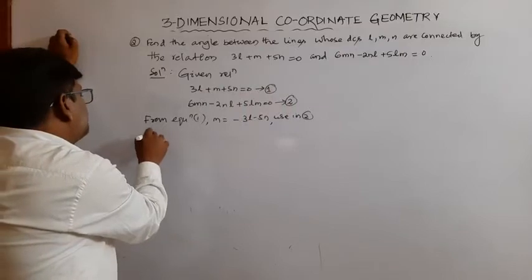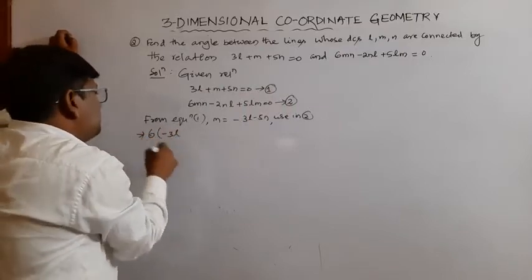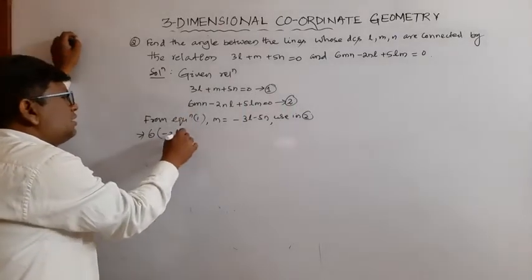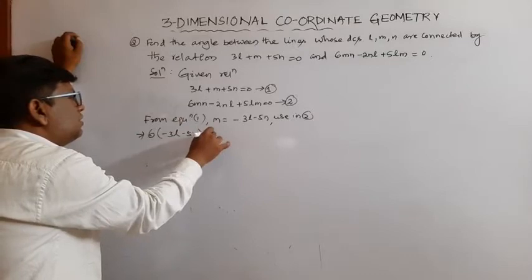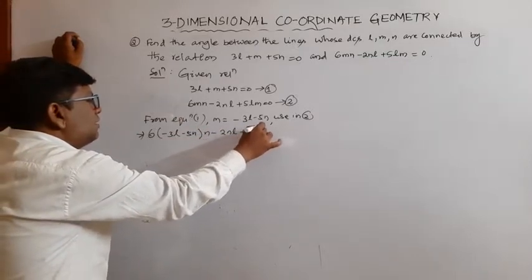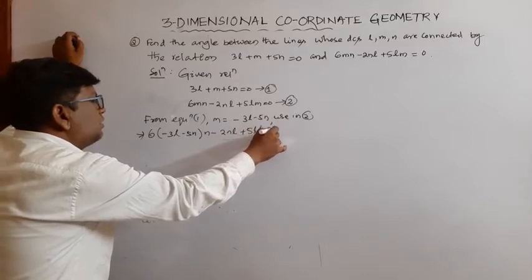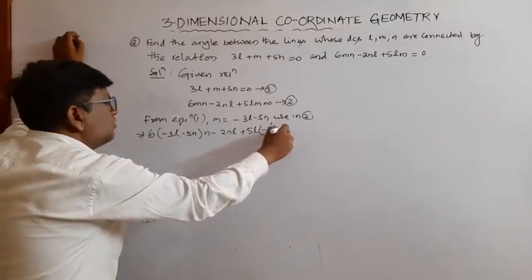So 6M means minus 3L minus 5N, into N, minus 2NL plus 5L into M, which is minus 3L minus 5N, is equal to 0.